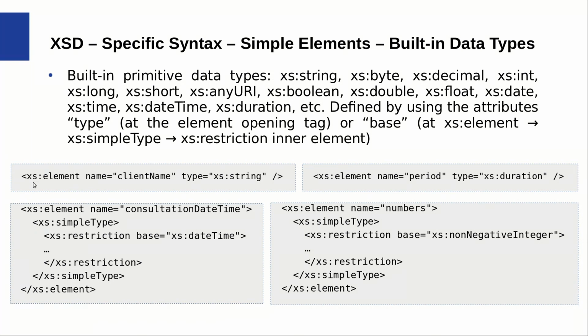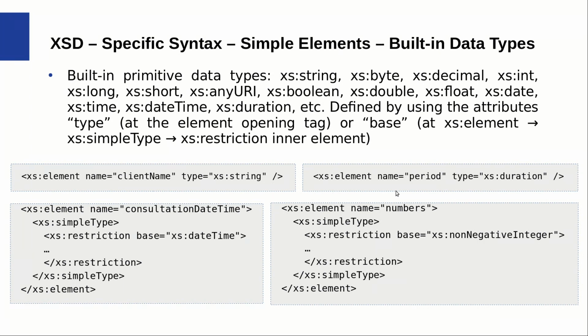So here you are defining a simple element named clientName of the type xs:string, and here you just close the opening tag with a slash, and that's it. The element is declared.